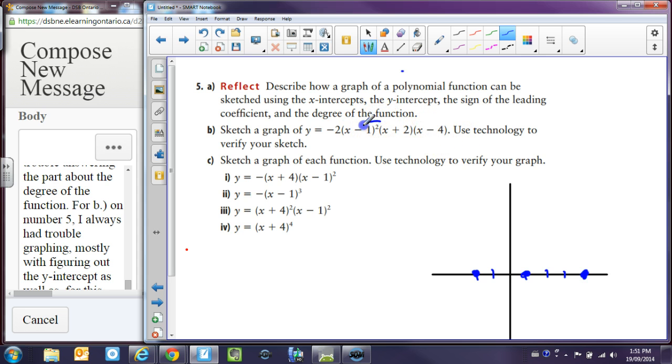The other thing to notice is the square on that first expression. So that means really what I have is x minus 1 times x minus 1. And from what we saw, or hopefully what we saw in today's video at least, that means essentially there's a parabola right there.